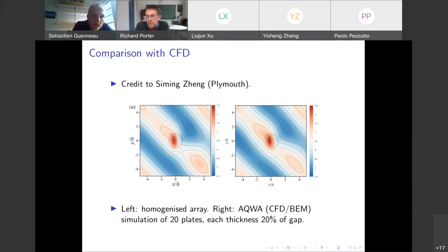Okay, I've got another question. In your homogenization method, your plates are just segments, just lines with endpoints, and these segments have varying length.